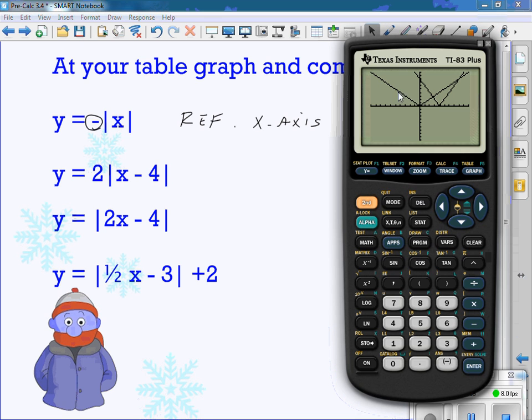But look at the actual opening. Is it open the same exact width? It's cut in half. So what happens here? It is shifted to the right 4. This 2 out front, it compresses it.